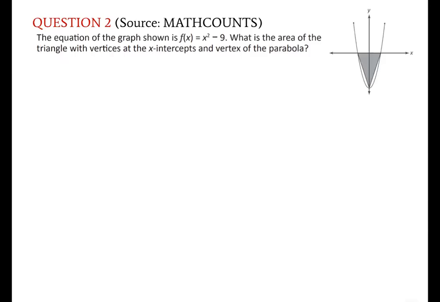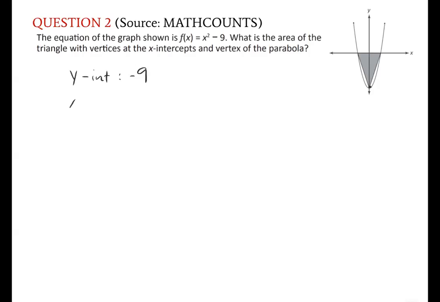Next question. So we want to find the area of this shaded region, or the triangle. First of all, we know that the y-intercept is at -9 over here.